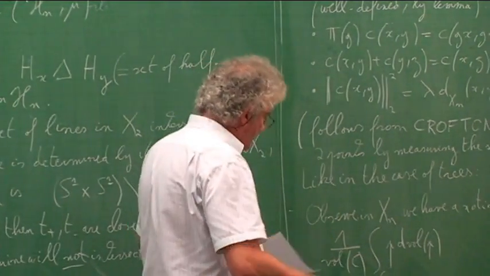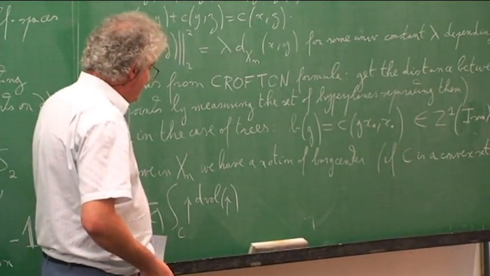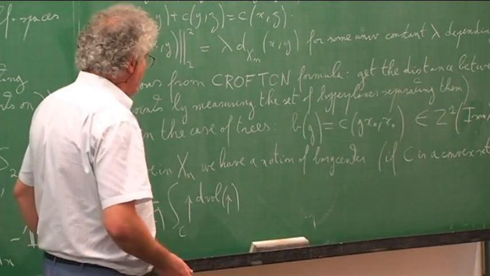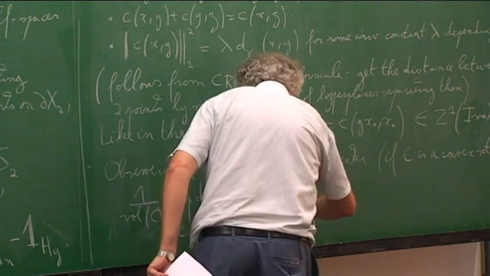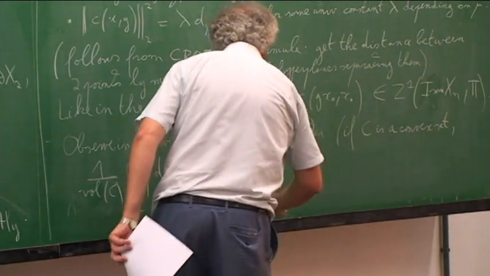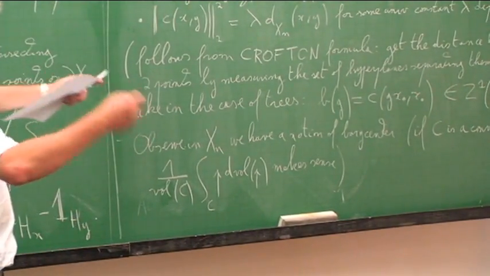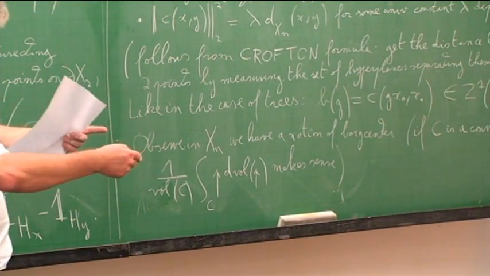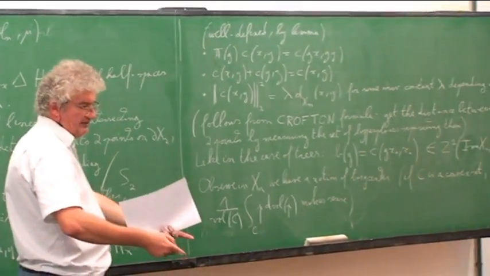Such an integral makes sense. That's the traditional definition of the barycenter in Euclidean geometry, so the same formula makes sense. As a consequence, if you have a bounded orbit, you take the convex hull, take the barycenter, and get a fixed point.